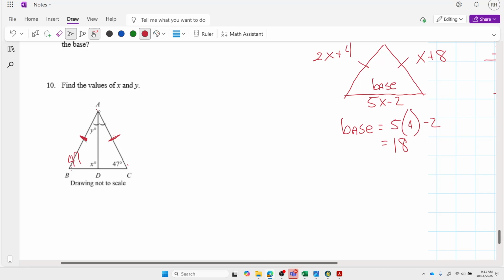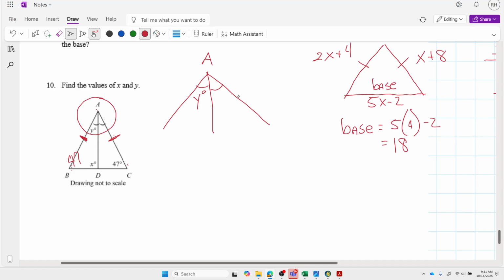Now, I'm still looking at this big triangle, okay? And in this big triangle, I'm going to take this portion and blow it up a little bit. These two arc marks mean that the angles up top are equal to each other, and one of them is labeled y degrees.